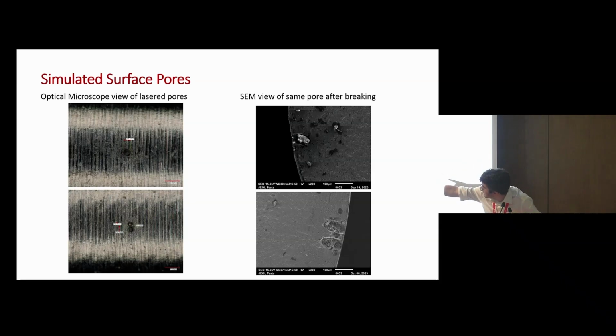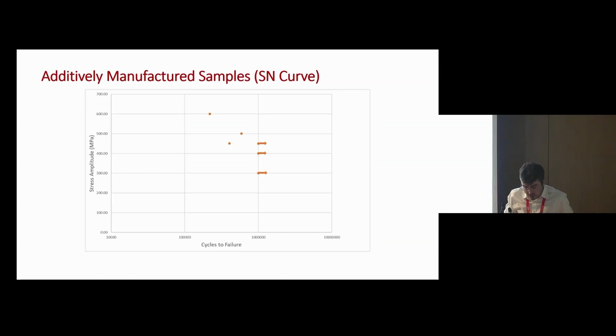So you can see it there on the left before breaking. You can see the holes, and on the right, this is after breaking under SEM. Down at the bottom, it's 2 lasered holes to see how much, well, if one pore will obviously break it, but do 2 pores close together act as 1 pore, do they act as 2 pores, or something in between?